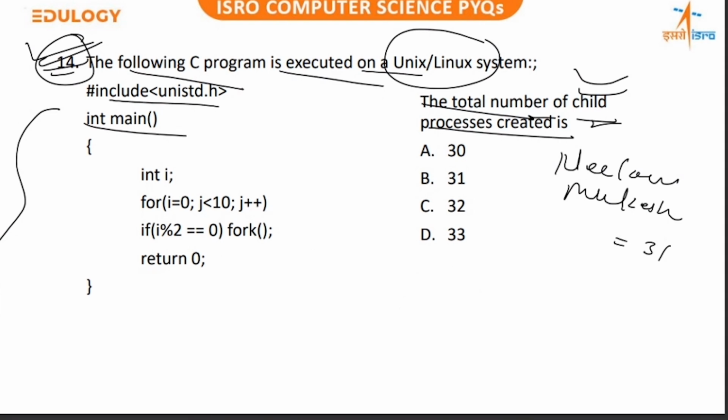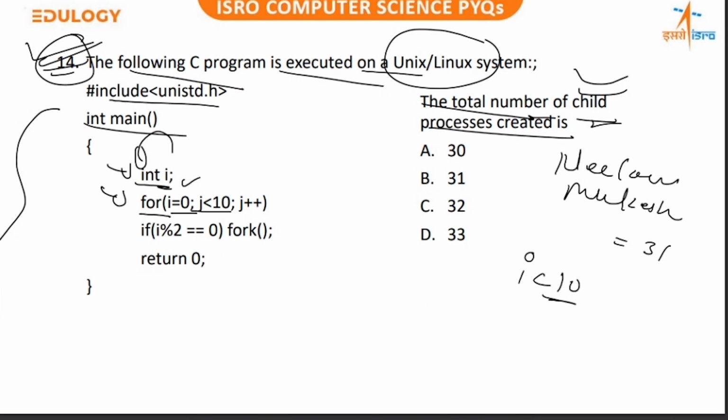So what is happening over here? Let's see. int i: there is a variable i declared as an integer. Now in the for loop, i is initialized with 0 and we check the condition i less than 10.